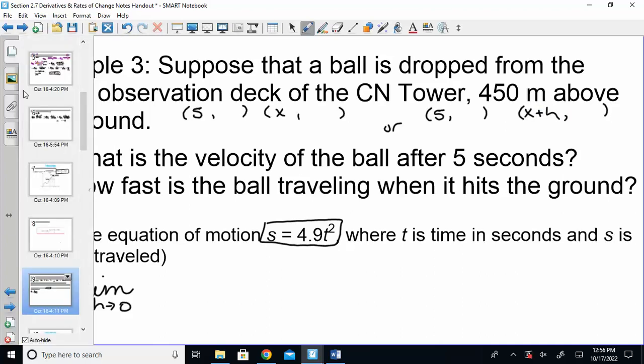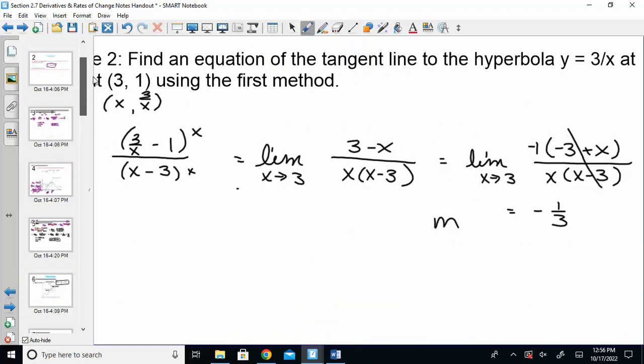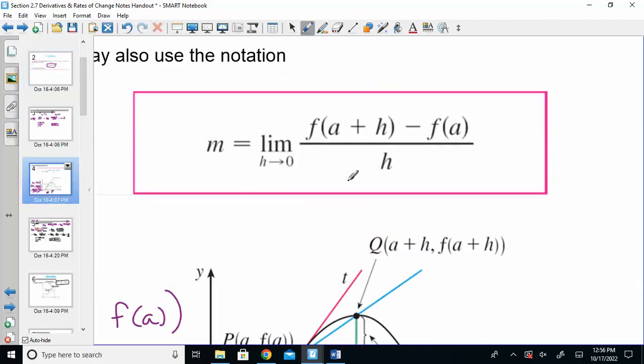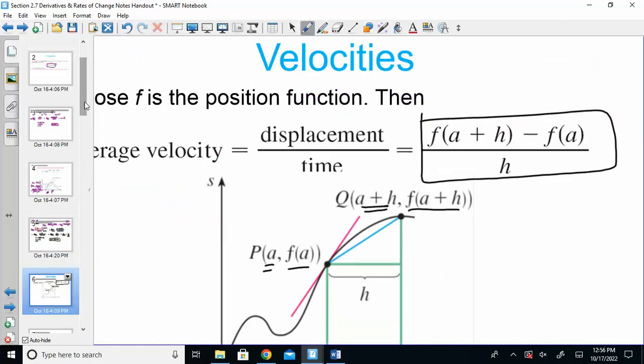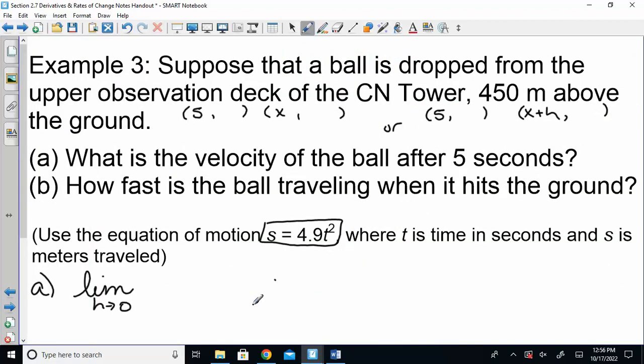So it's really just a matter of, do you want to use this one or this one? And just like the last problem, we worked it both ways. They are equivalent. You could do either. I'm just using the new one to practice it.